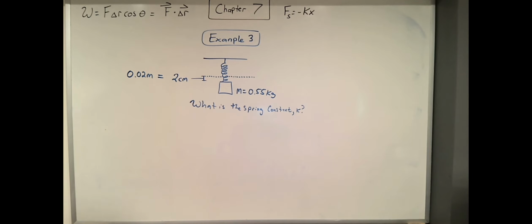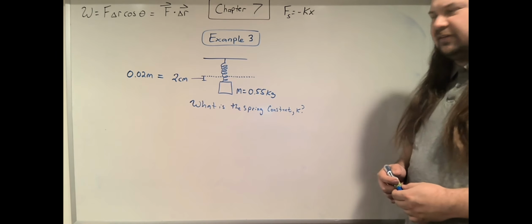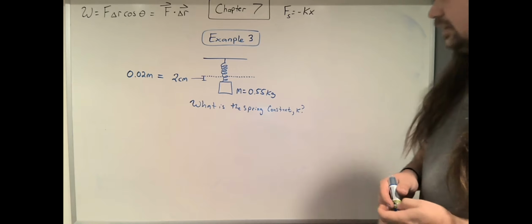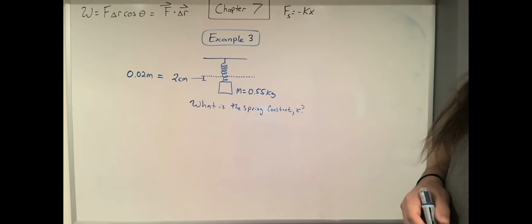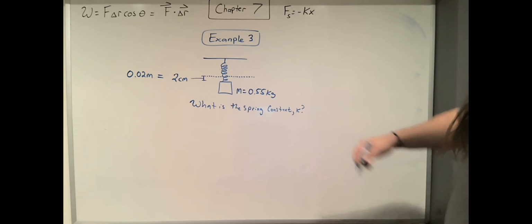So I don't have a force per se yet, right? So how am I going to find K constant? Well, I use the topics that we already know, right? I'm going to use power reasoning here, right? What's happening with that spring? Is that mass bouncing up and down, doing anything weird? It doesn't say so, so I'm assuming that it's just hanging there, being that the 2 centimeters is constant.